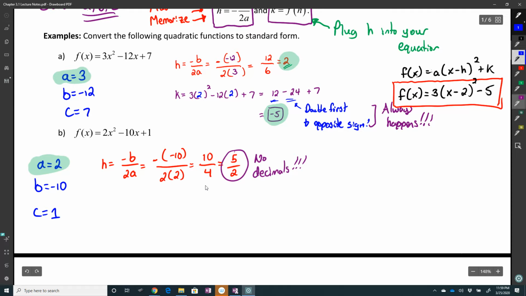So now that I have that, I can figure out k. K, I just plug it in. 2 squared minus 10 plus 1. I plug the 5/2 in there. And you can use your calculator here. I don't mind. But when you work it out, you get 2 times 25, that's 50. You get 50/4 minus 50/2 plus 1.